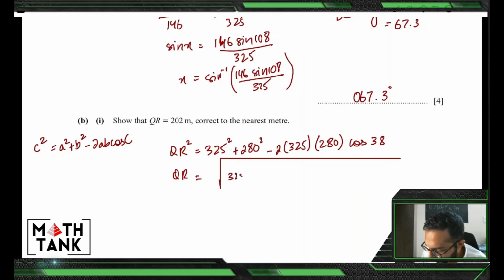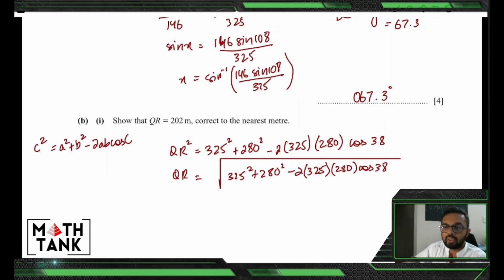You see the marks are there for the line that I wrote above. There are no such marks for the second step that I'm doing. I'm just doing it to show you what I'm doing. So 325 squared plus 280 squared minus 2 into 280 into 325 into cos of 38.